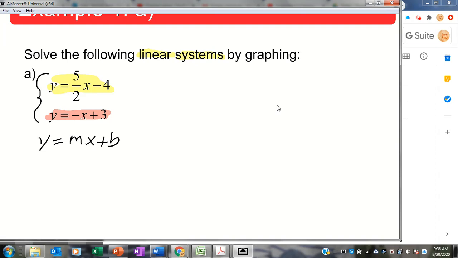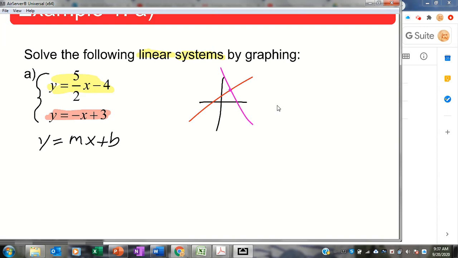So keep in mind, in a review of this, when you graph two lines, there are three things that can happen. You can have, okay, so there's a graph, and you can have a line that goes like this, and then you could have a line that goes like this. And these two equations intersect right there at that point.